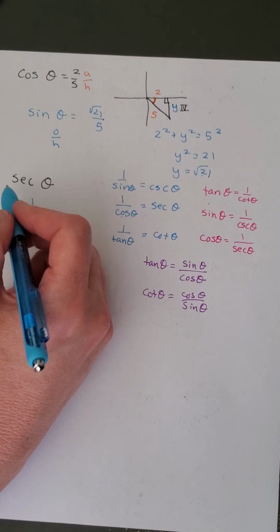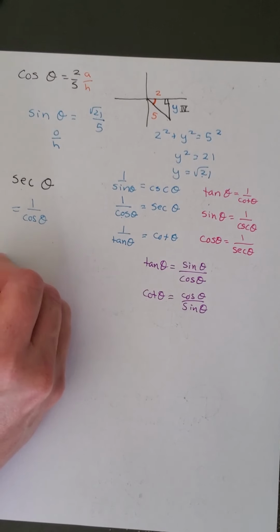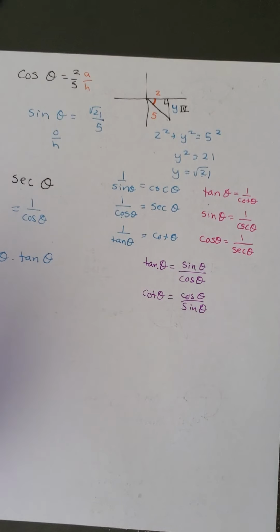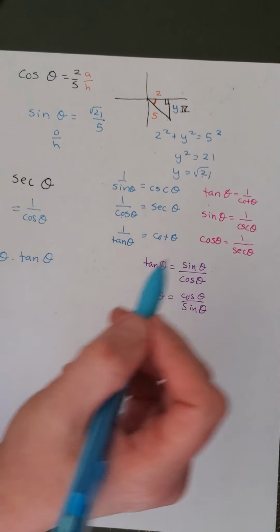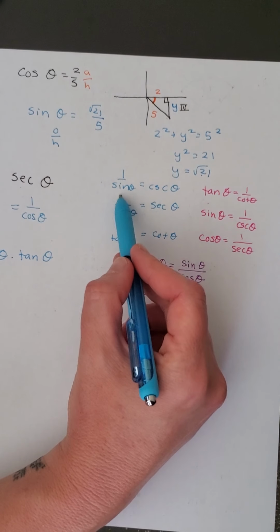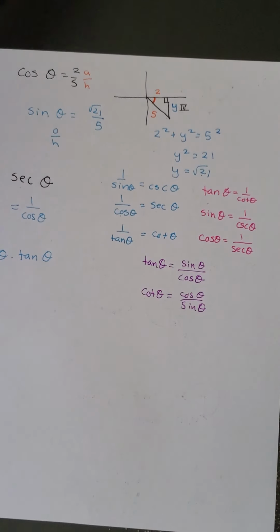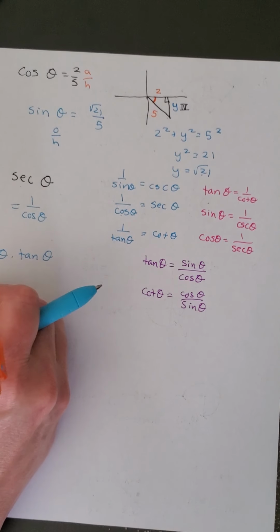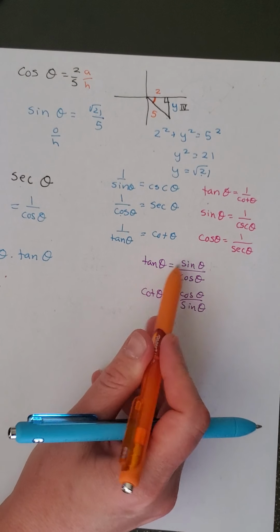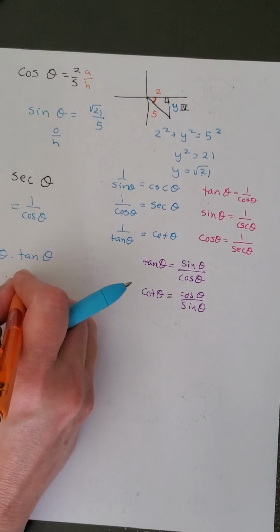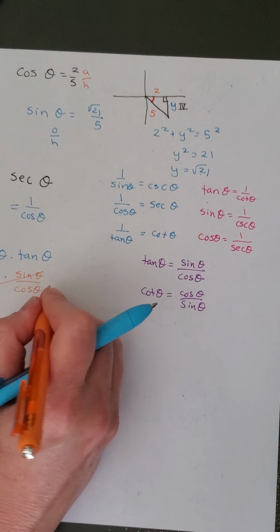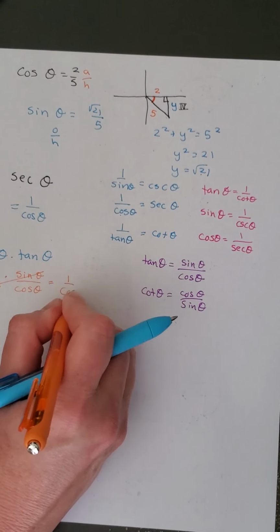The next one, cosecant theta times tangent theta. We're just verifying if this is true. Cosecant theta is 1 over sine, and tangent theta is sine over cosine. Those would cancel, and I would get 1 over cosine.